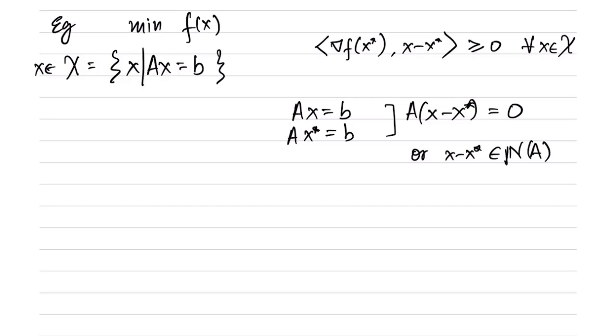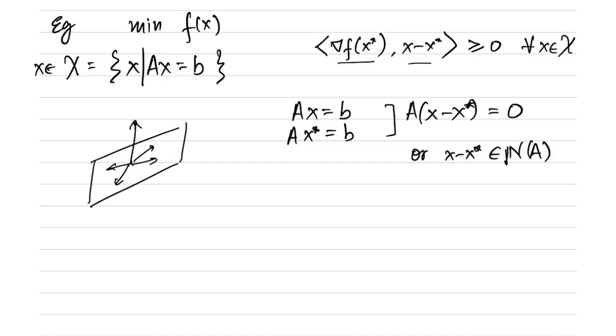So now what is that vector that makes an acute angle with the null space of A? Observe that the null space of A is a linear subspace, and you cannot make an acute angle with all vectors in the linear subspace. So imagine a plane. For instance, if you have a plane, any vector cannot make an acute angle with every vector on this plane, right?